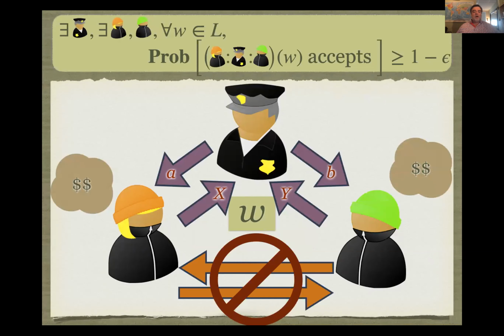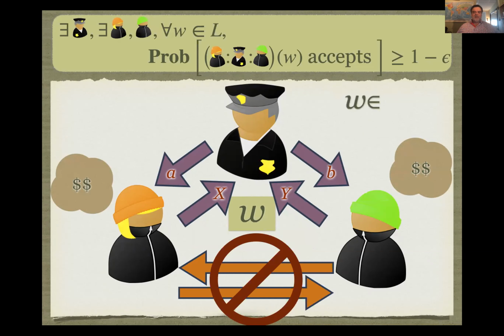Now, we require that whenever a string W is indeed in the language, the acceptance probability of the verifier be close to 1. Different notions here, 2/3 is fine. With repetition, we can get as close as we want. This is completeness.